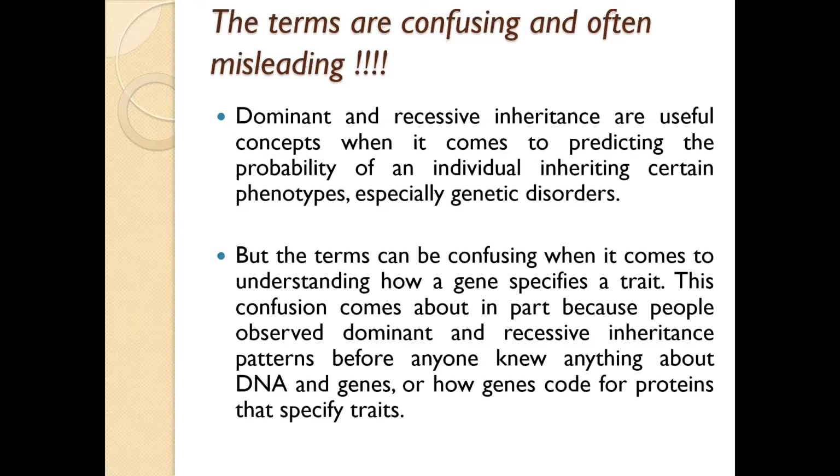This confusion comes about in part because people observed dominant and recessive inheritance patterns before anyone knew anything about DNA and genes and how genes code for proteins that specify traits. The dominant and recessive concepts came much earlier than the concept of how a gene or DNA can code a protein. So that is why some confusion and misleading information is present.